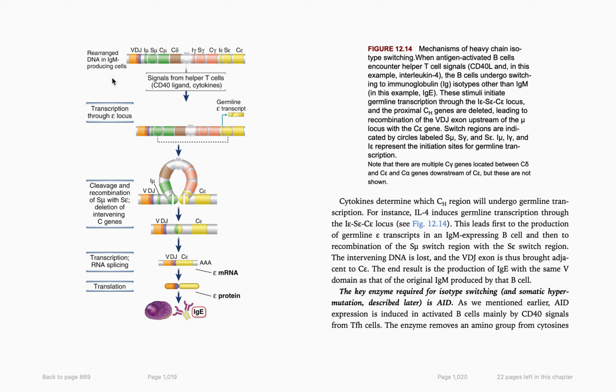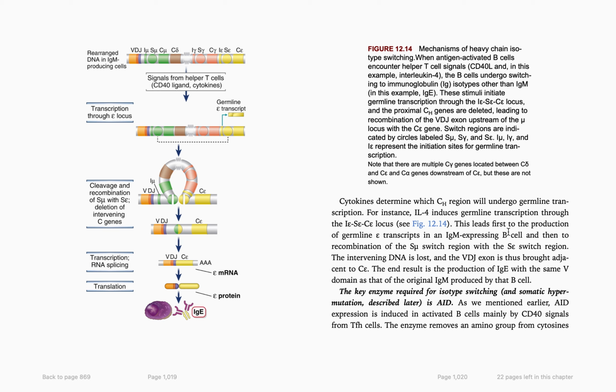So, rearrangement of DNA in a germline-producing cell, signal from helper T cells, then transcription through the epsilon locus, then cleavage by recombinases, deletion of the intervening DNA, then recombination happens, VDJ rejoins, transcription, RNA splicing, then translation, and Ig is produced. Cytokines determine which constant region will undergo germline transcription.